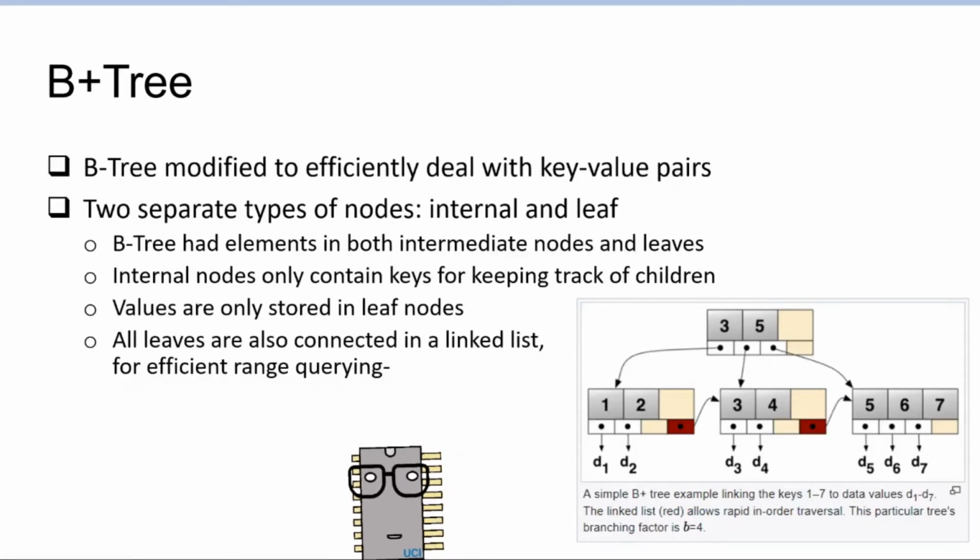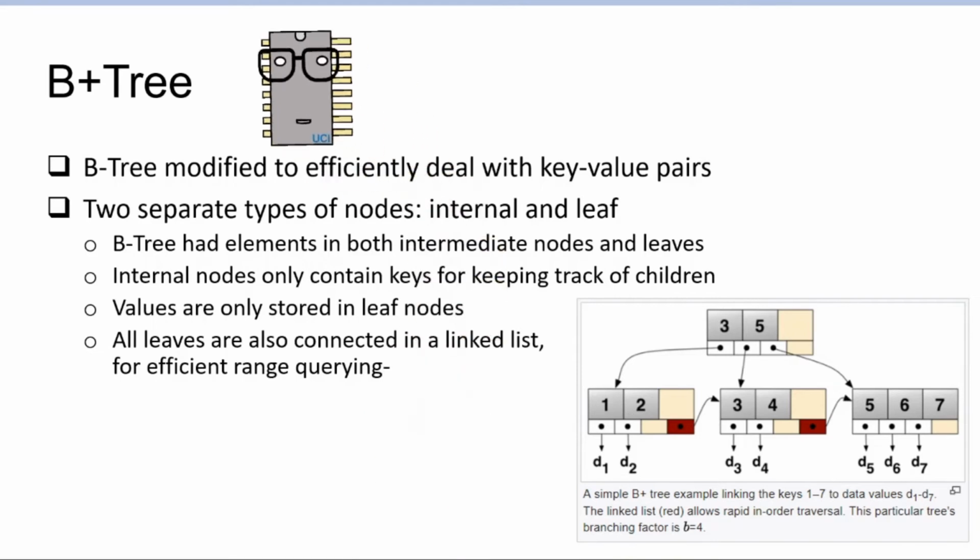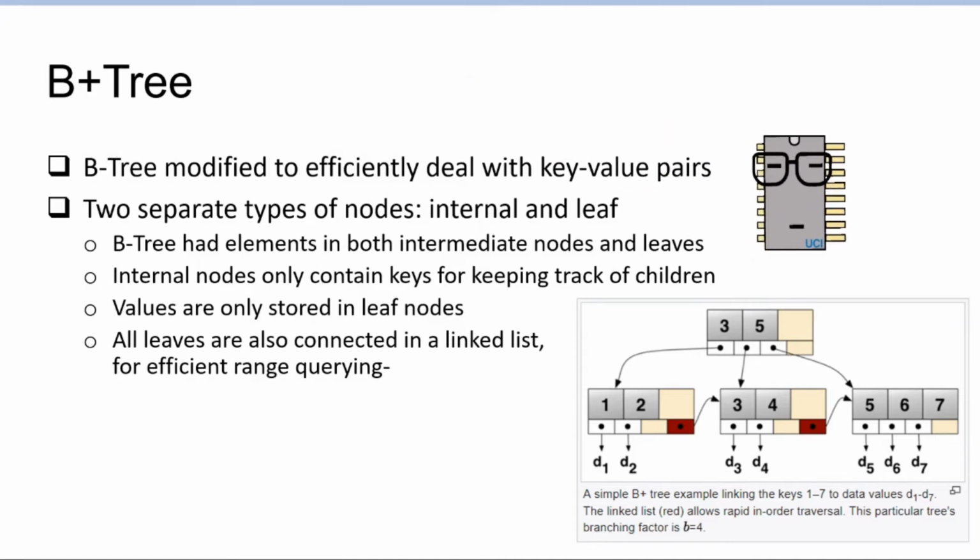I just want to use that as a segue into introducing the B plus tree in case some of you are not aware of it. So B trees were efficient when the values that you deal with are just scalar values. You deal with the value 4, for example. You deal with the value 7, things like that. B plus trees are B trees which are modified to efficiently deal with key value pairs.